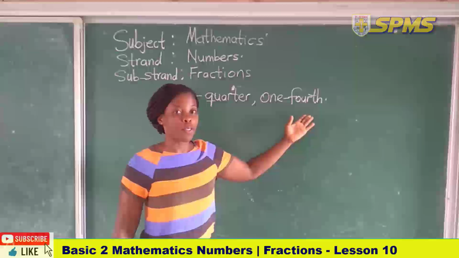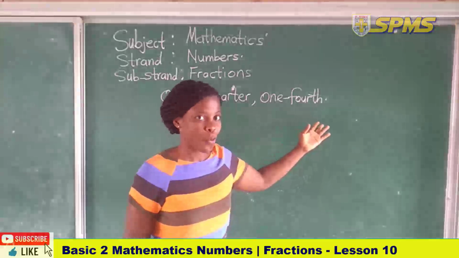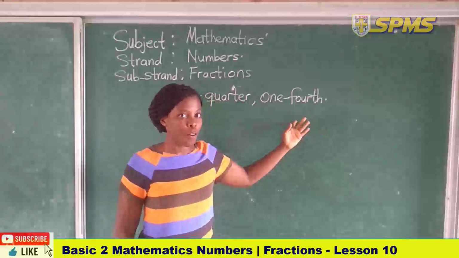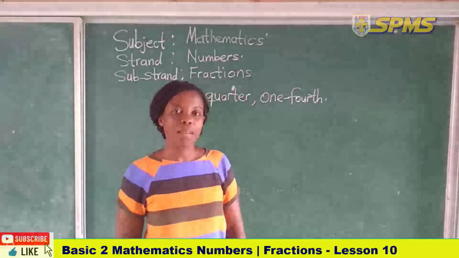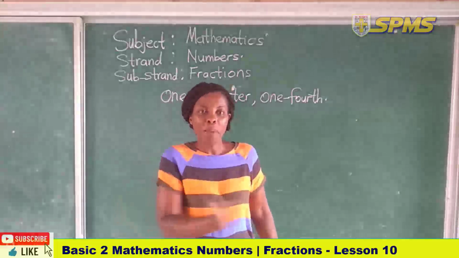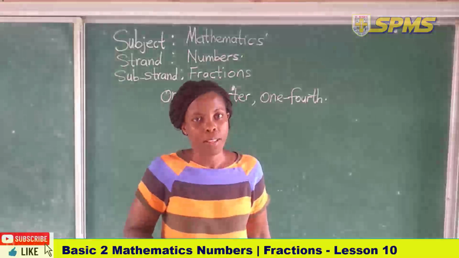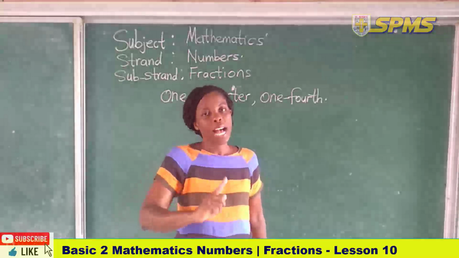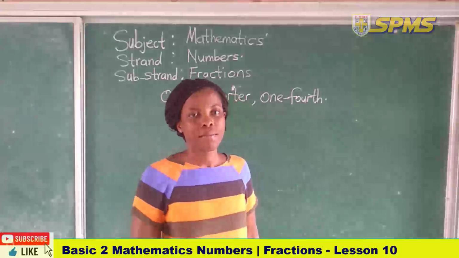Do you remember our ordinals? The ordinal name for 4 is fourth. So that means that when you divide the item into 4 equal parts, one part of it is 1/4. That means the whole has been divided into 4 equal parts.